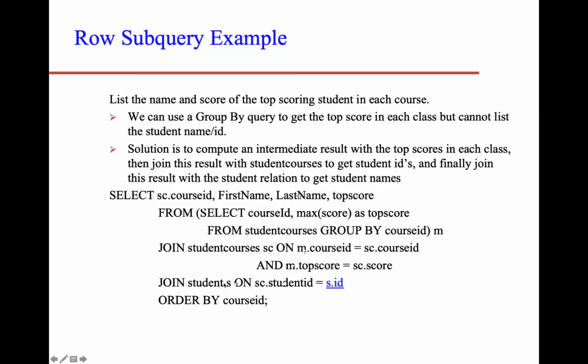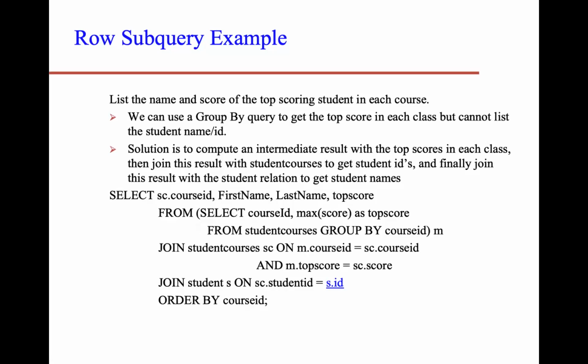So what I tried to do there is show you how I came to this rather complicated query. I started by just doing this innermost query first. Then I thought, okay, once I have that, can I get the student IDs? How can I do that? I can rejoin it with student courses. That gives me the student ID. Now, how can I get the student's first and last name?